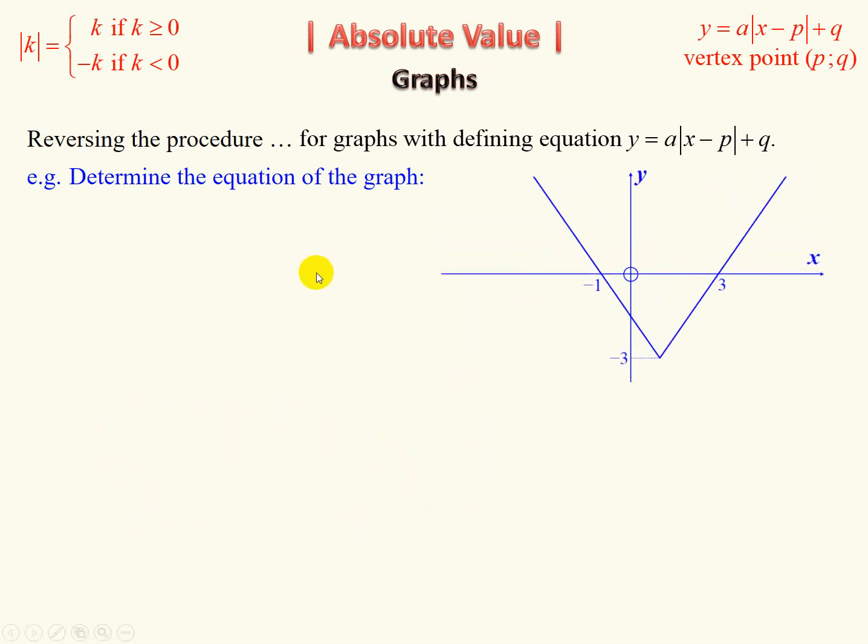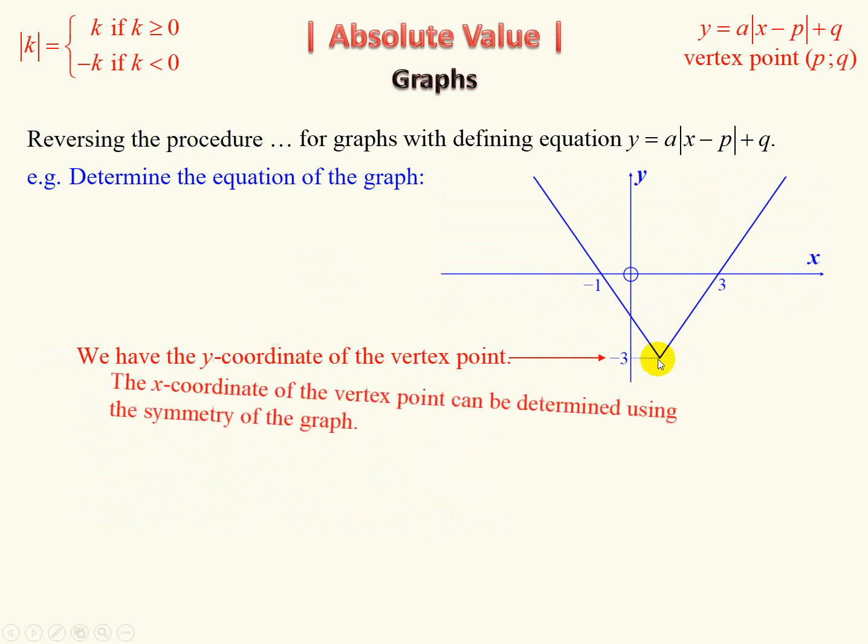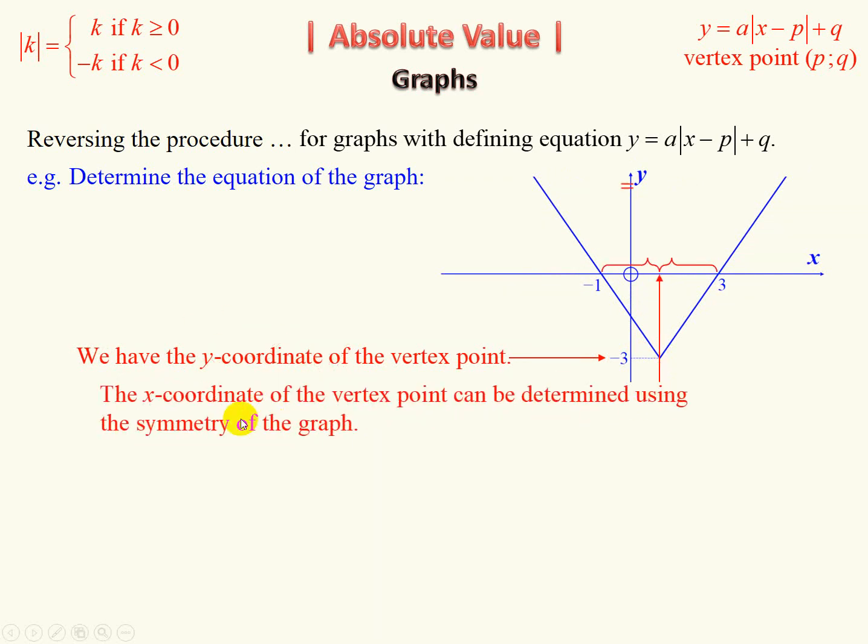Another one, here we're not given the full vertex point, the full salient point, but we do have the y-coordinate of the vertex point. So now we can use symmetry, because this graph is symmetrical about that line through the vertex point.